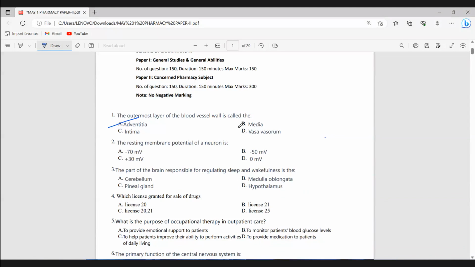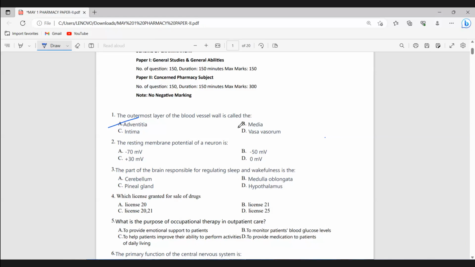I'll just repeat about media, then I'll move on to our next option. Media, it is a middle layer of blood vessel, contains smooth muscle cells and elastic fibers. Coming on to function of media, this layer is responsible for regulating the diameter of blood vessel, which in turn controls the blood flow.